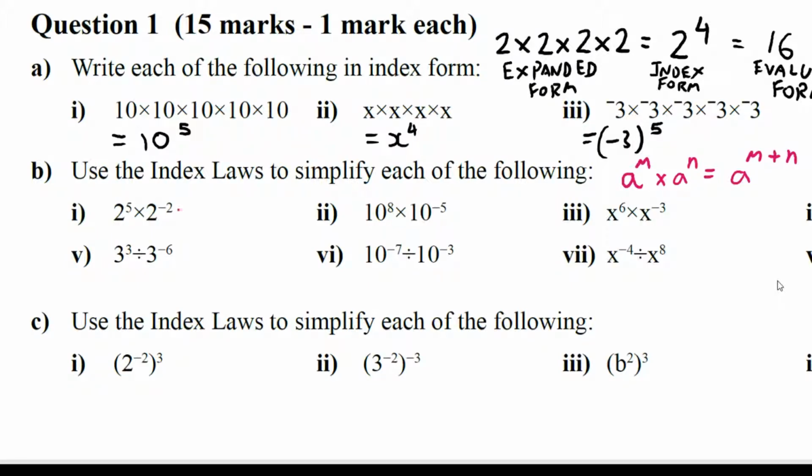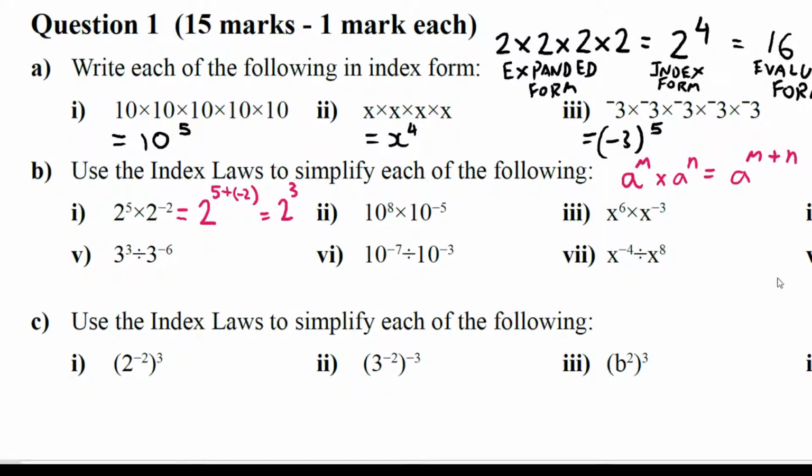Alright, so here we're going to be adding the indices. Now the base is the same, so we're allowed to do this. It's going to be 2 to the power of 5 add negative 2. Okay, 5 add negative 2, that's 2 to the power of 5 take 2, which is 2 to the power of 3.